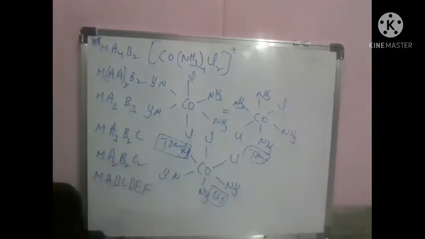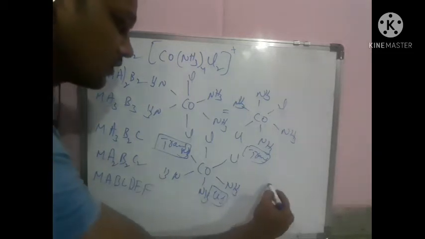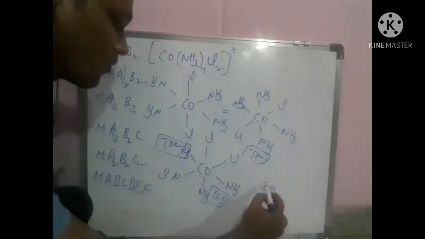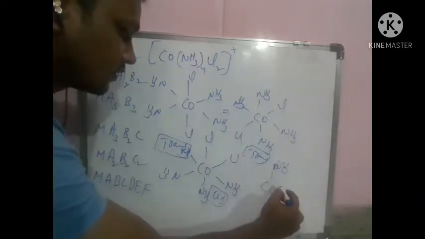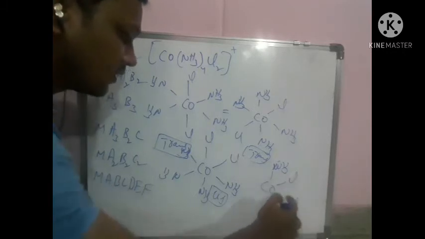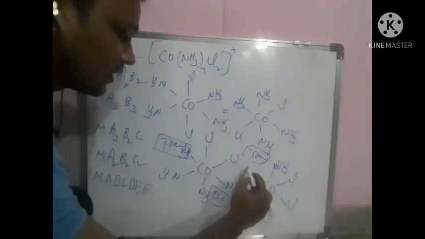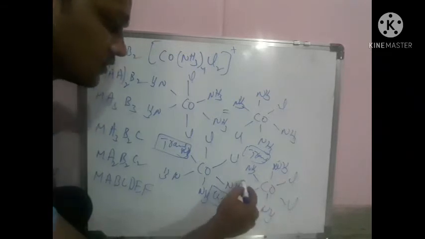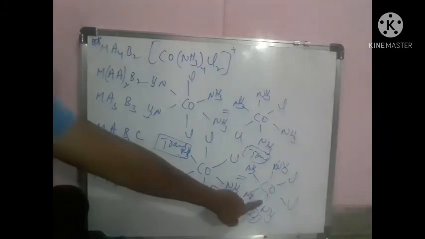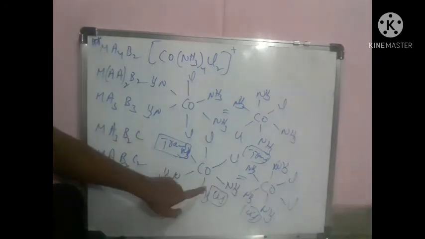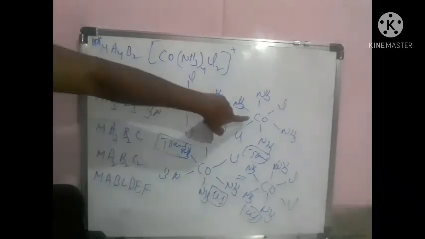Another possibility is if you consider Co with NH3 and Cl and Cl and NH3, NH3, NH3; this is also called cis. This cis form and that cis form are similar, and this trans form and that trans form are similar kinds of compounds. So that is the geometrical isomerism in Ma4B2.